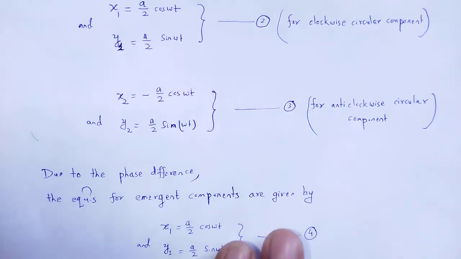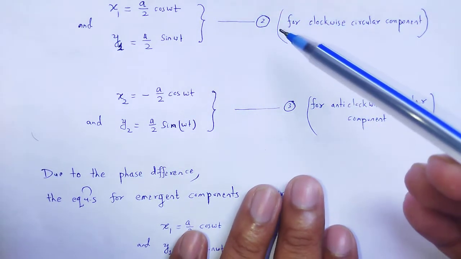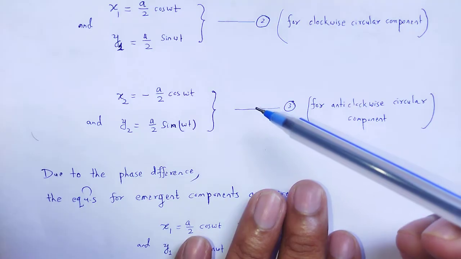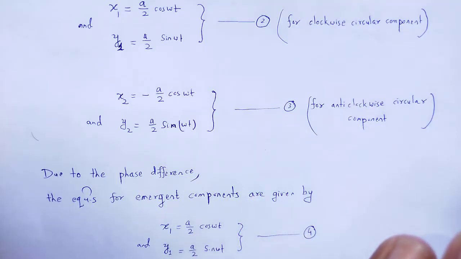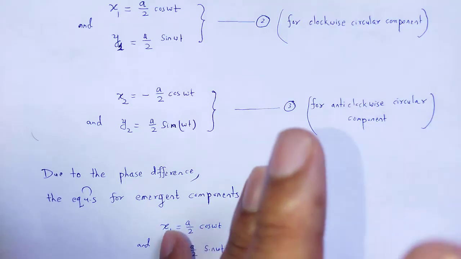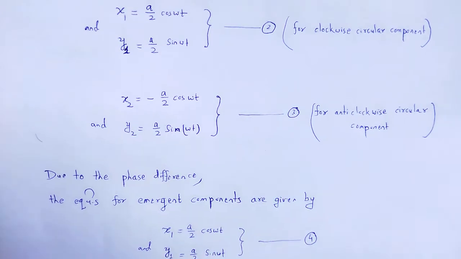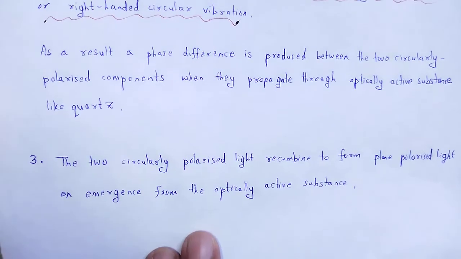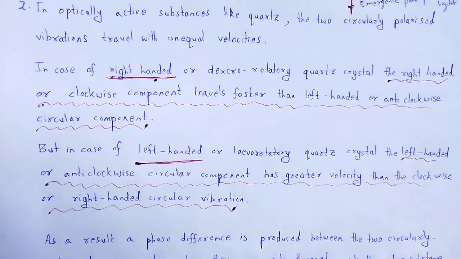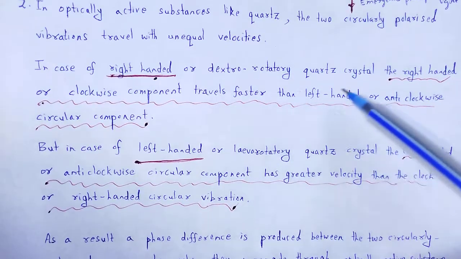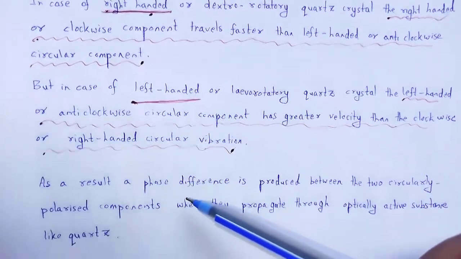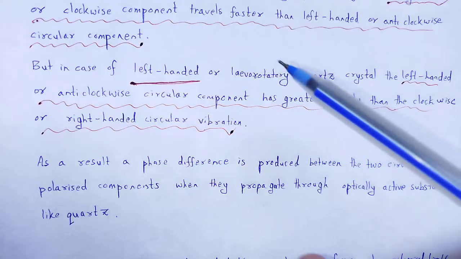Next, these two circularly polarized components travel through the optically active substance with different velocities. As we clarified before in Fresnel's assumptions, different velocities mean they acquire a phase difference.